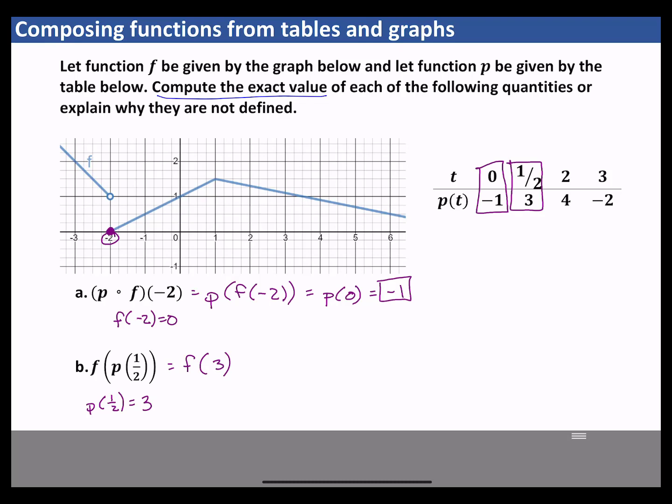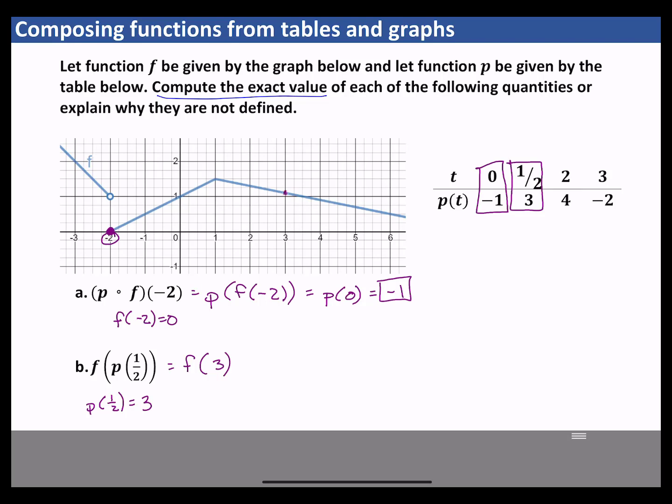So the output of function p is now the input for function f. And looking at our graph, when we have an input of 3, it looks like the output is just greater than 1, which if we were estimating, that'd be fine, but the directions did say compute the exact value.